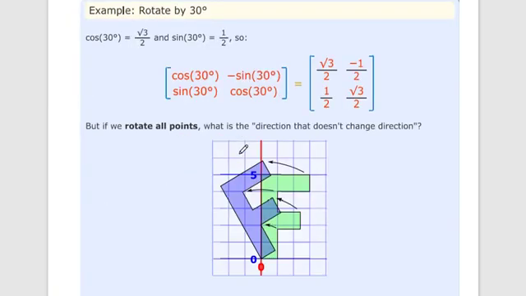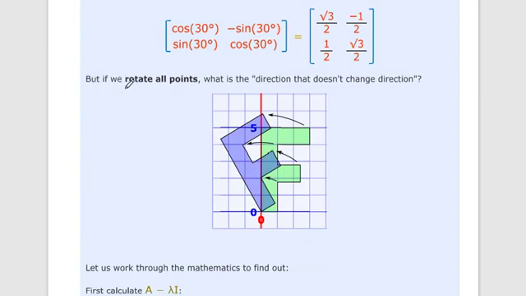X is the vector whose direction remains the same if we rotate. Let's say in this example, this is the figure f in the graph. Now if we rotate all the points, which direction doesn't change with the rotation? You can see that this direction is not changed with the rotation.